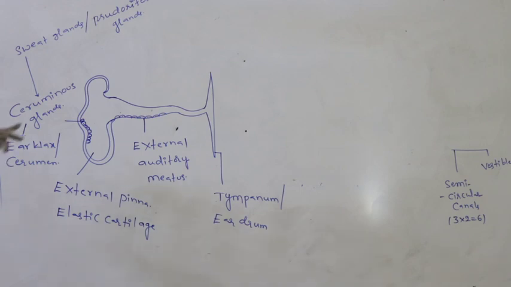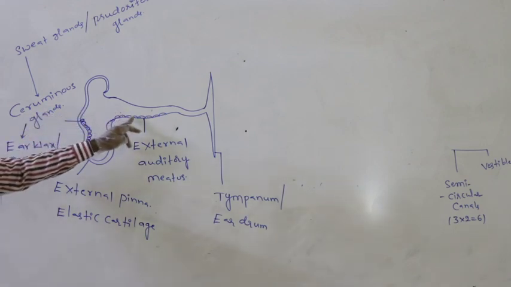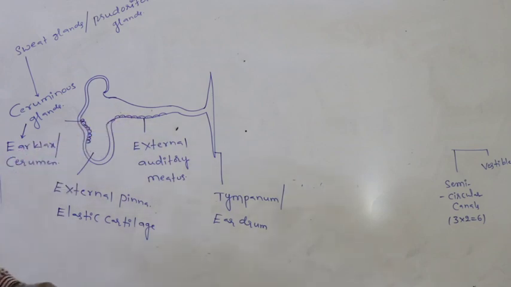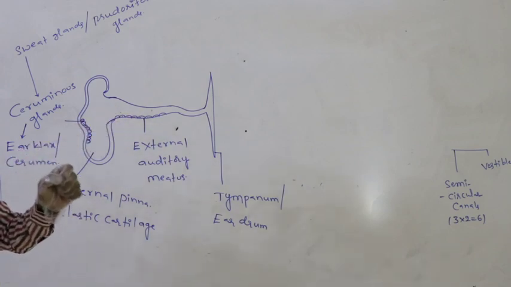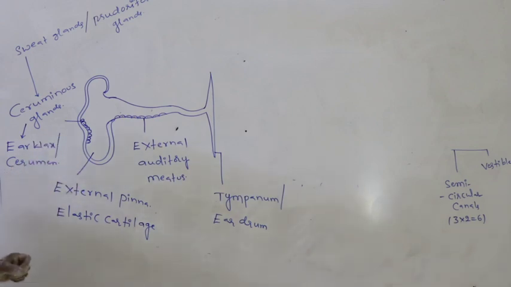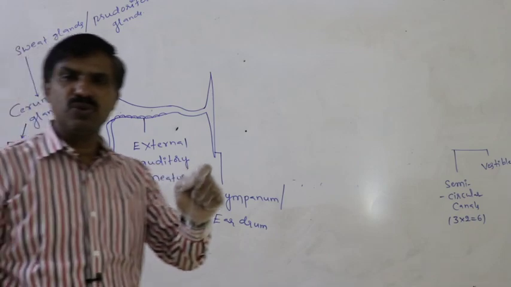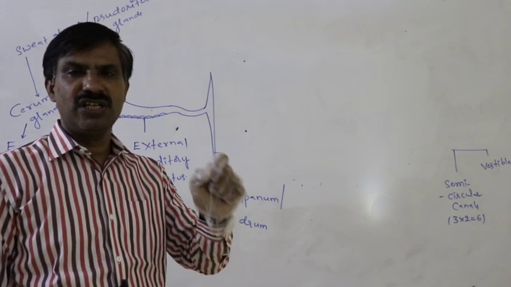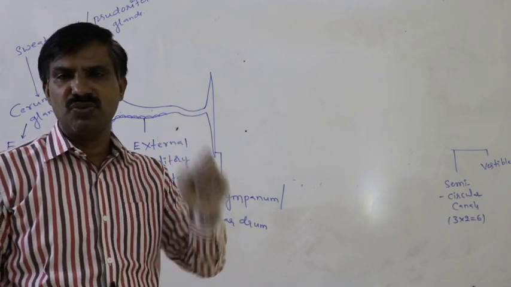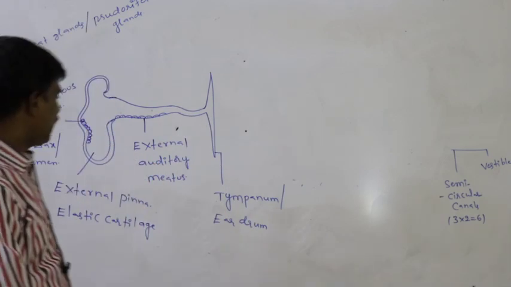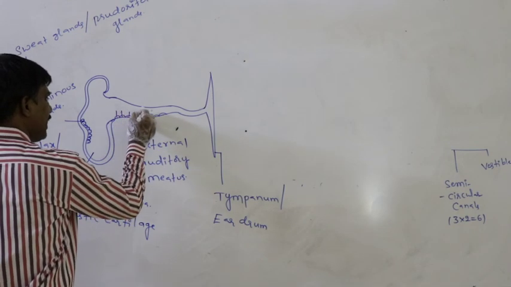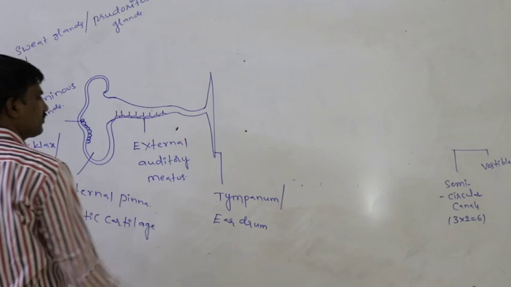Definitely ceruminous glands are present in the external pinna as well as in the external auditory meatus. These are principally useful to secrete the earwax or cerumen, which collects dust particles that may try to enter the inner ear through the sound wave. In the external auditory meatus, hairs are also present.